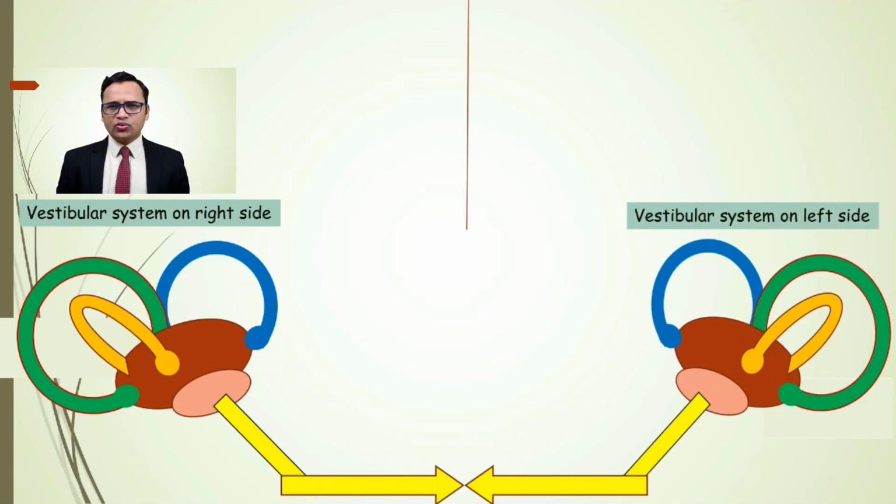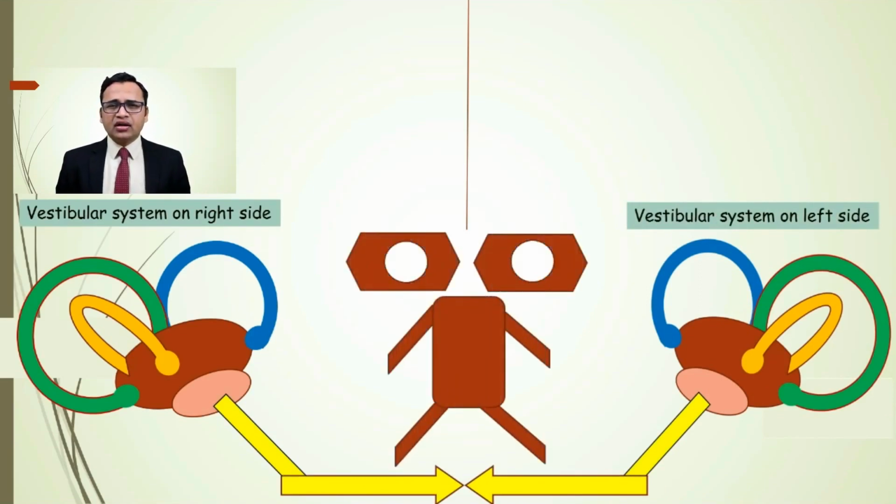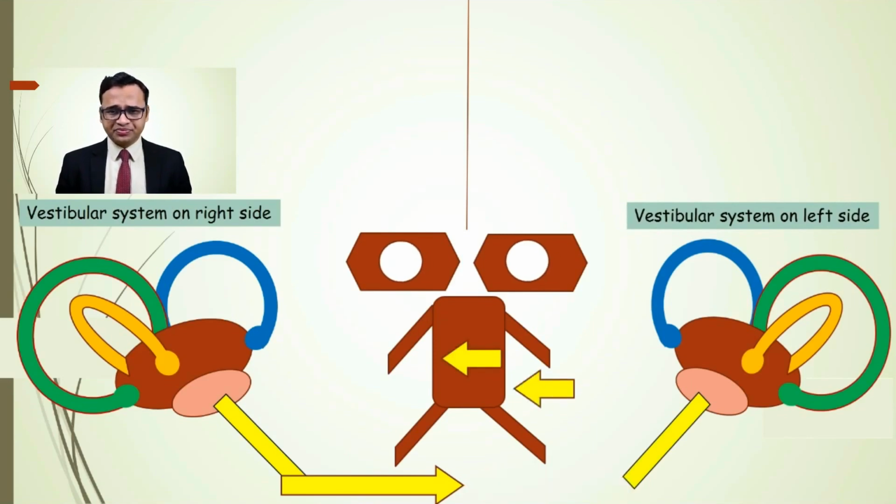Now, the vestibular output from both-sided vestibular systems is equal and opposite, and it is convenient to remember the vestibular output from the right side is trying to push the body, the extremities and the eyes towards the left side, and the vestibular output from the left side is trying to push the body, the extremities and the eyes towards the right side.